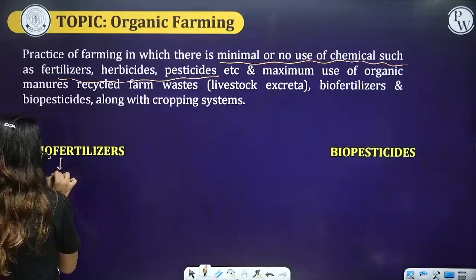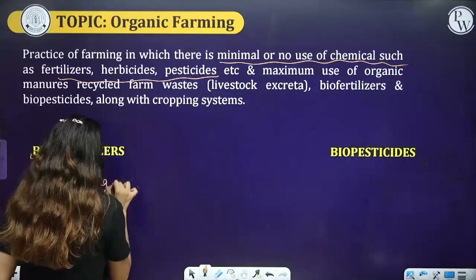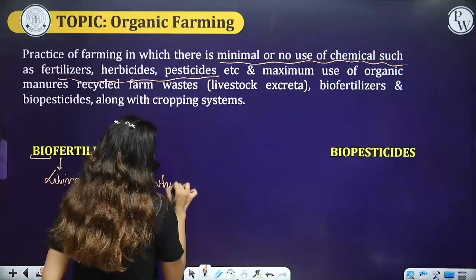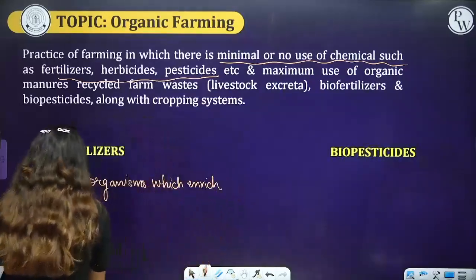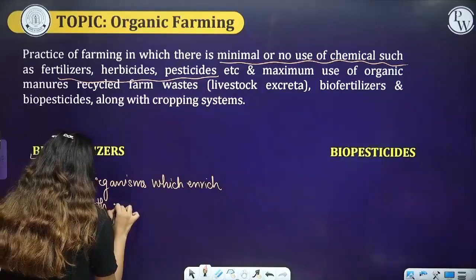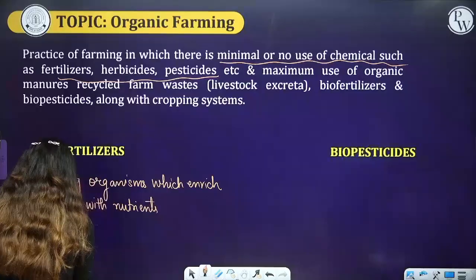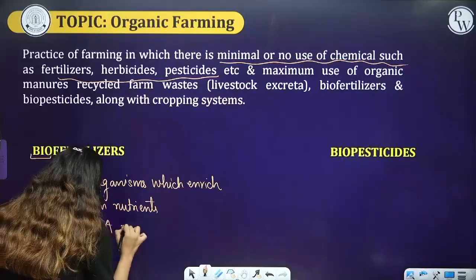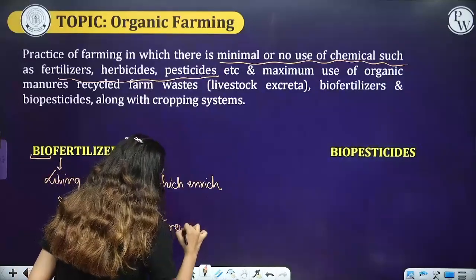So basically the living organisms which enrich the soil with the nutrients. We are providing the soil with the nutrients, and here we can give the example of maybe BGA. What is BGA? Blue green algae.